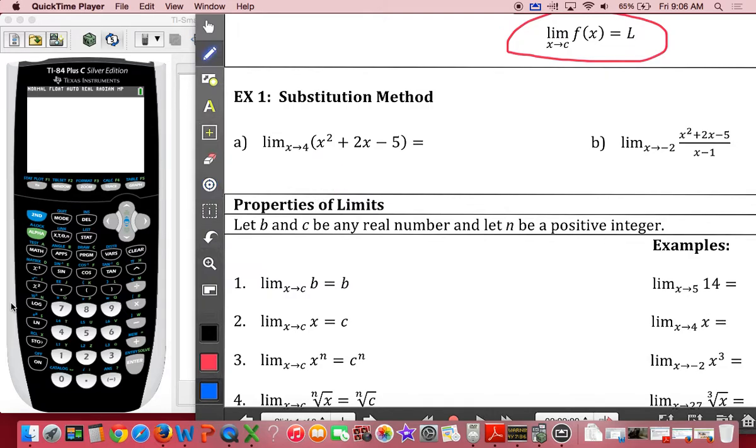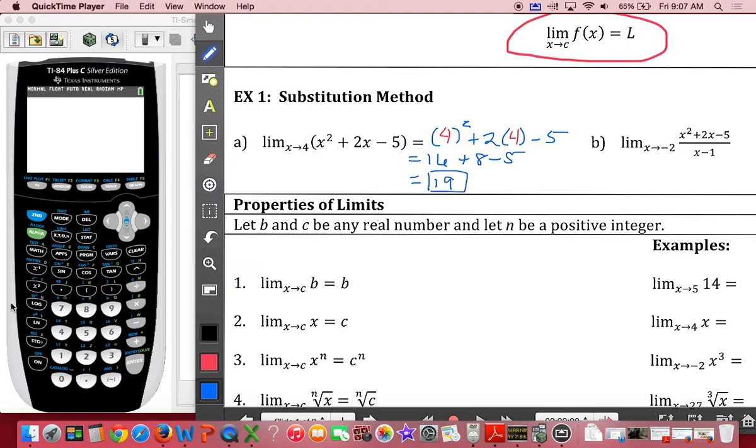And so that's what we're going to do first. So if you can do direct substitution, I always would. And so we're going to input a value of 4. So we get 16 plus 8 minus 5. What value is that? 19.